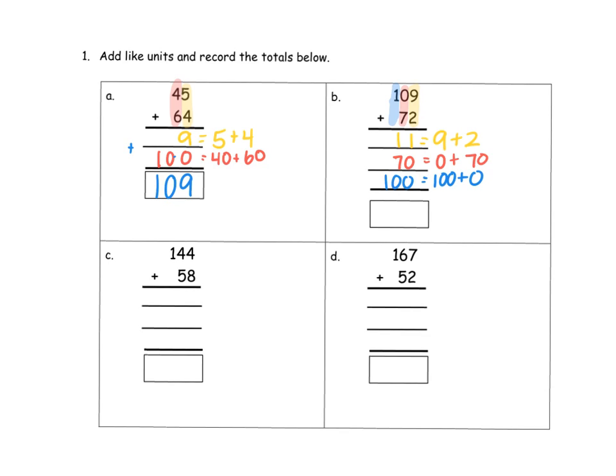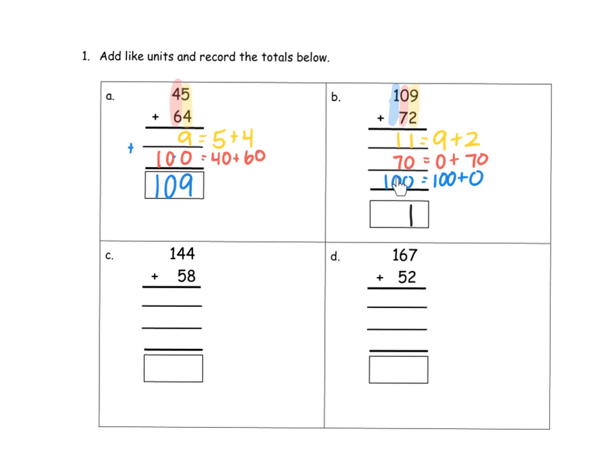Now this is a little bit easier to add up because I don't have to do any regrouping or carrying over to help add up this problem. So I see that in my ones place, 1 plus 0 plus 0, that leaves me with 1.